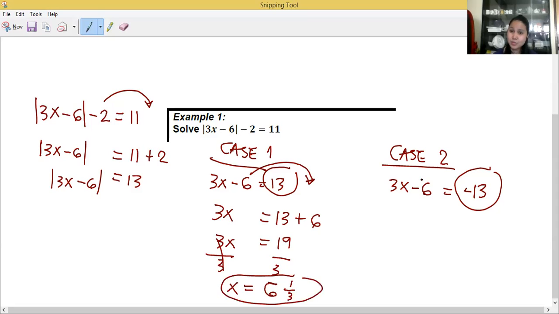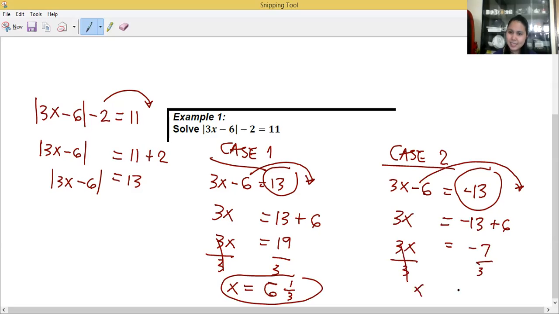In case 2, let's do transposition. That's 3x equals -13 plus 6. So 3x equals -7. Divide both by 3, x equals -7/3. Or that's -2 and 1/3.